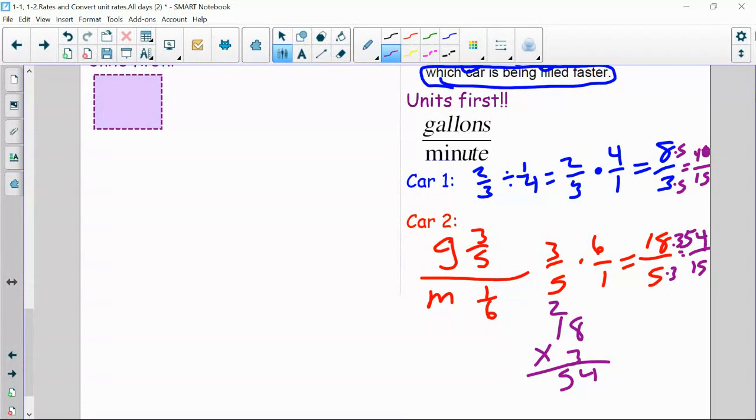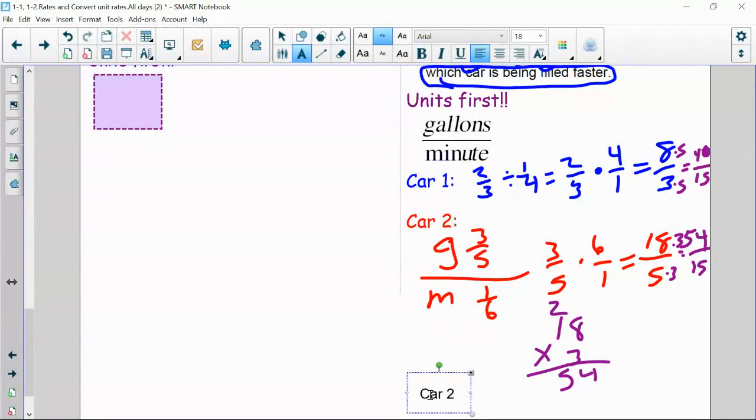So which one has the higher numerator, 40 or 54?